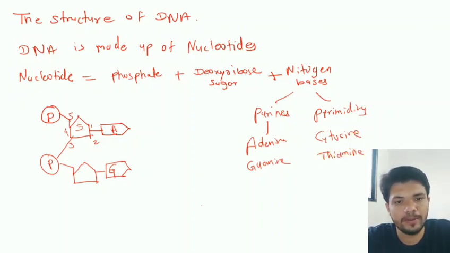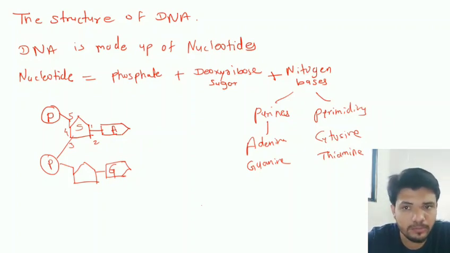So we have two main types of nitrogen bases, and those main types have two subtypes each.